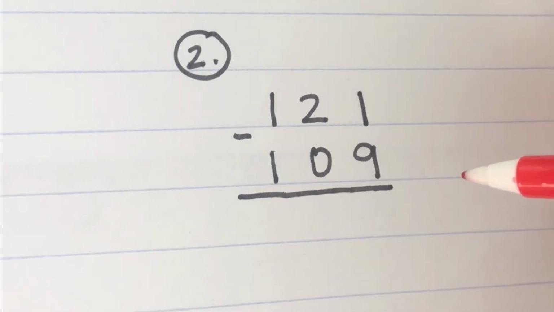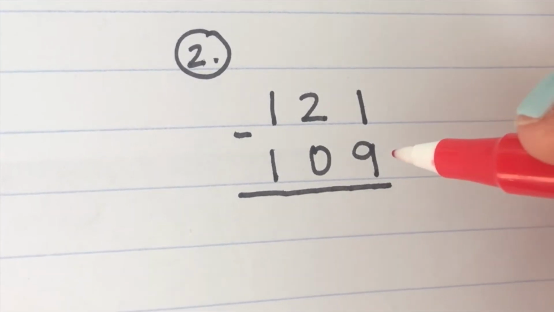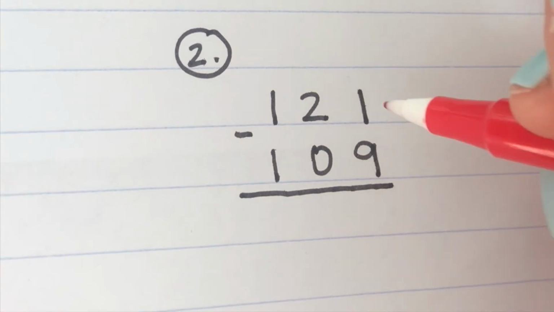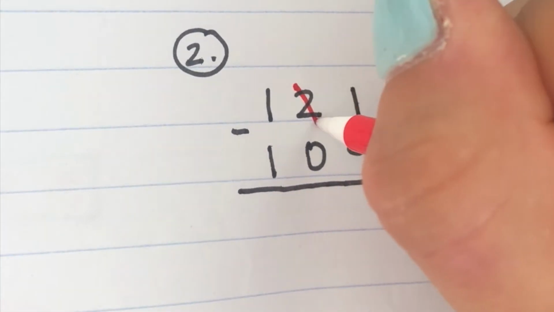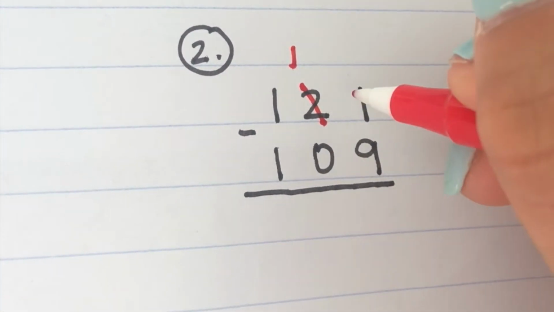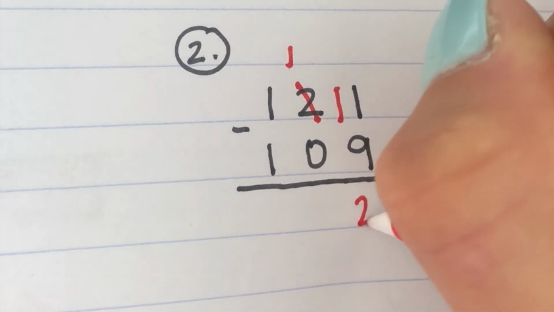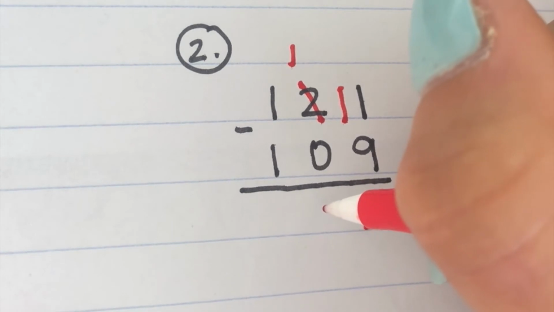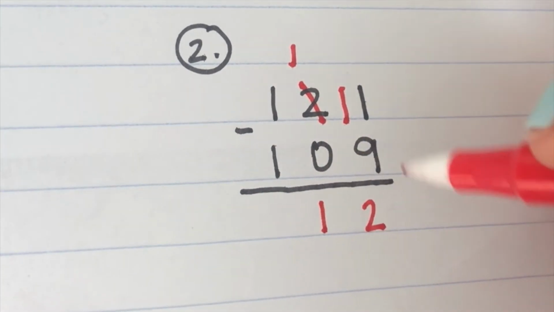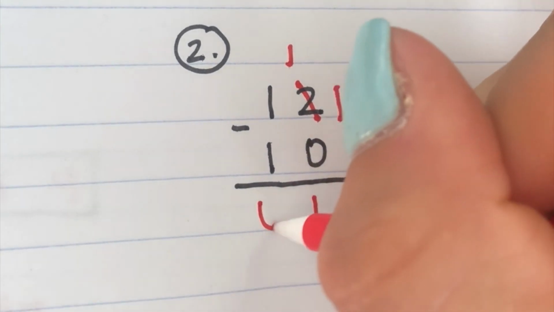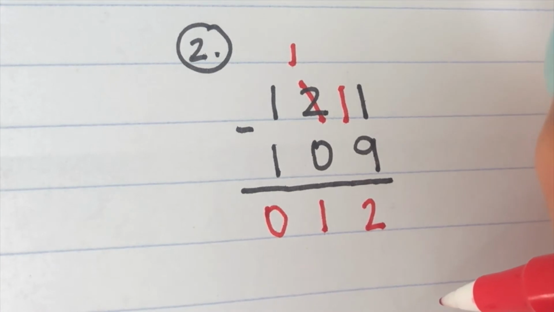And then you need to borrow in this one because you can't subtract 9 from 1. And so this 2 becomes a 1, and this 1 becomes an 11, and 11 minus 9 is 2, and 1 minus 0 is 1, and 1 minus 1 is 0. So your answer is 12.